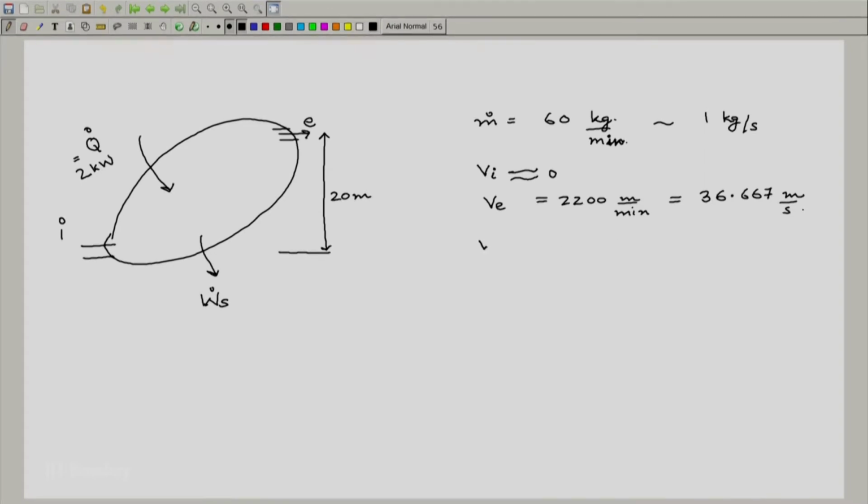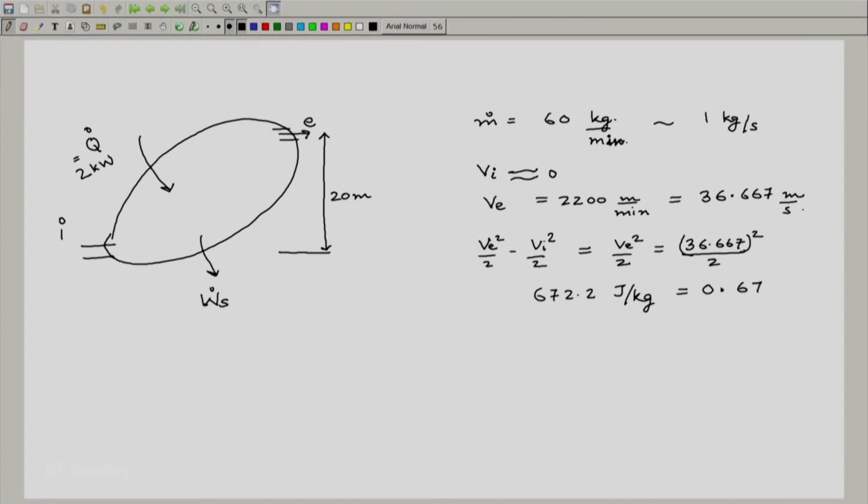So, if we look at Ve squared by 2 minus Vi squared by 2, that would just be equal to Ve squared by 2, because Vi is negligible. This will turn out to be 36.667 squared by 2, and this would be just 672.2 joules per kg, a reasonably small number.